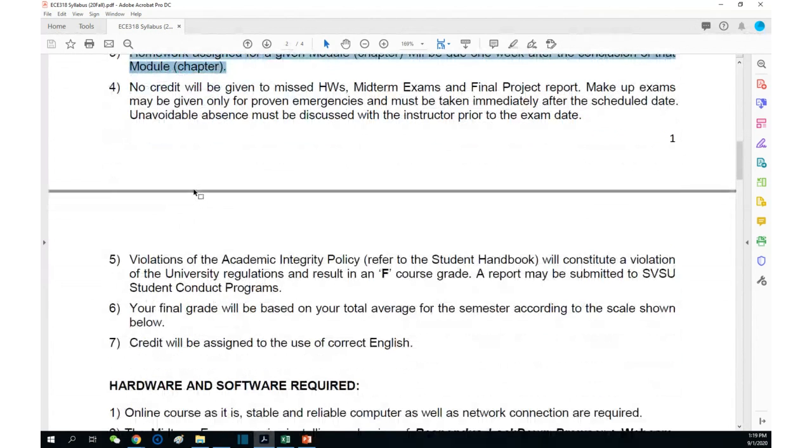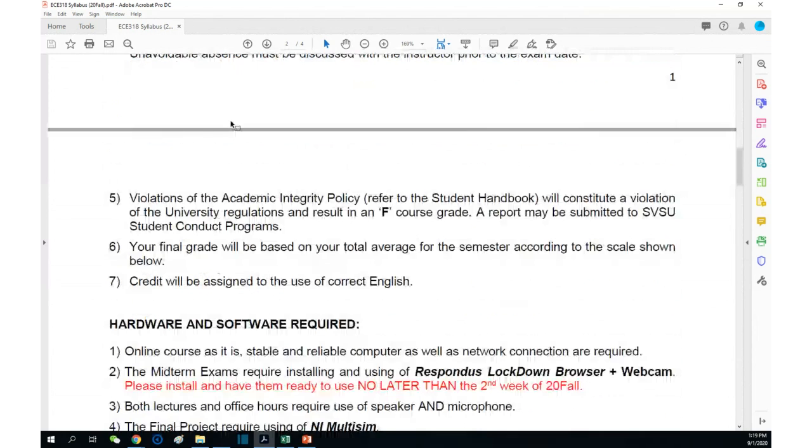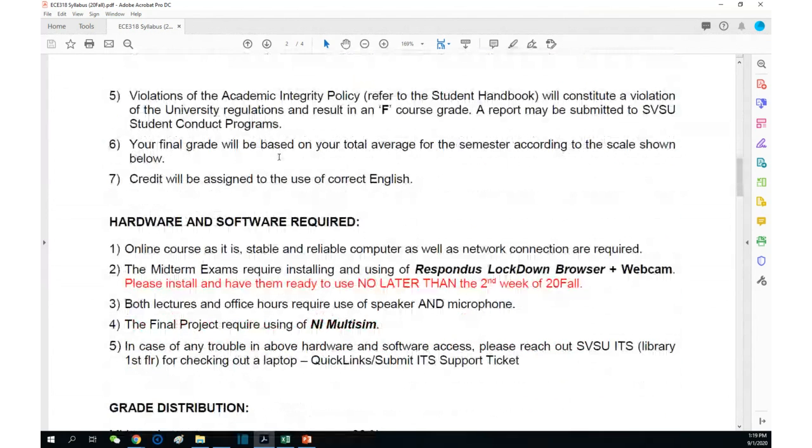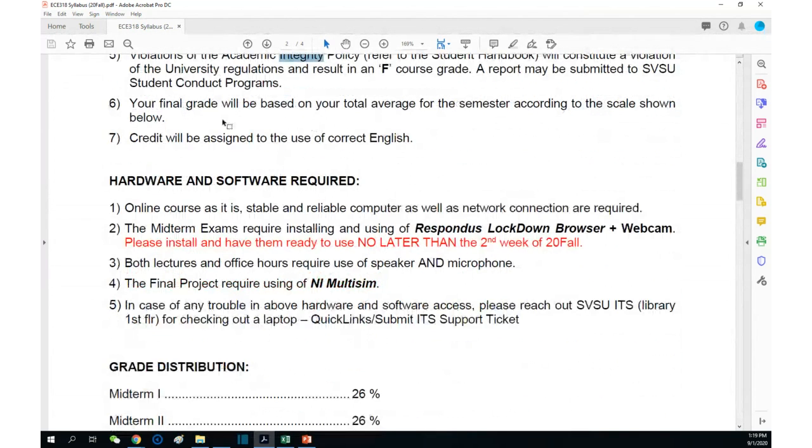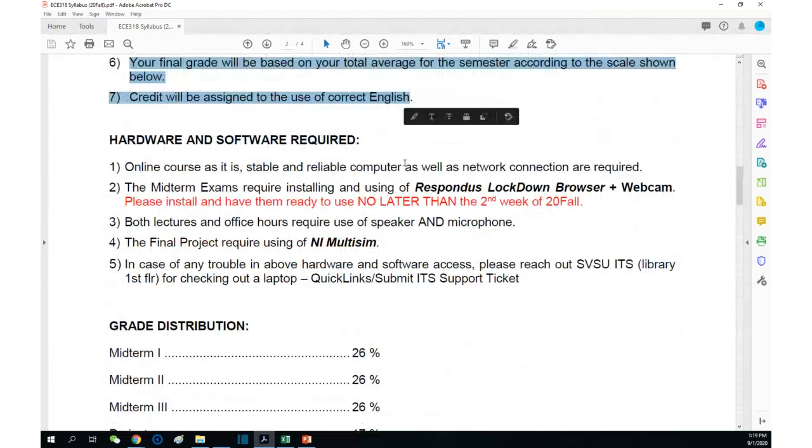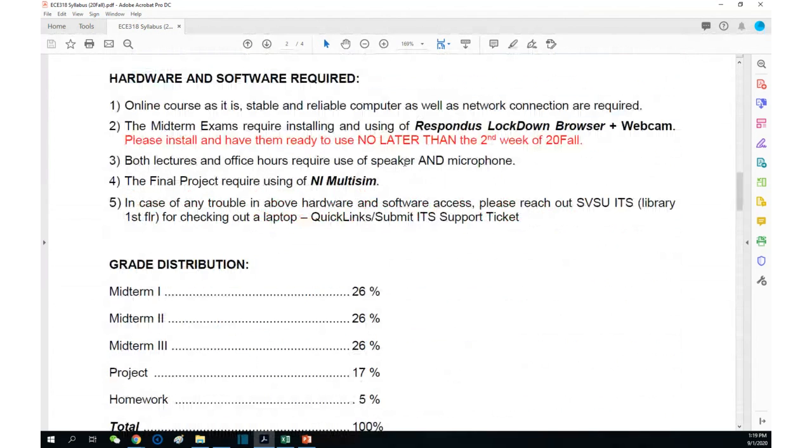Okay, and no credit will be given to missed homeworks, exams, or project. Of course, this is something quite regular. Okay, and integrity policy, if violated, of course, F. No negotiation on that. These are all something you are familiar with, I believe.